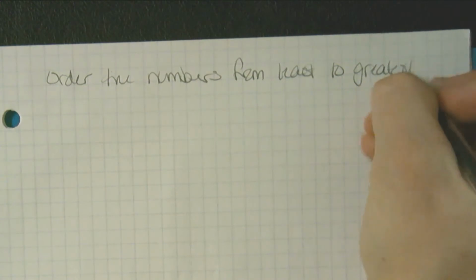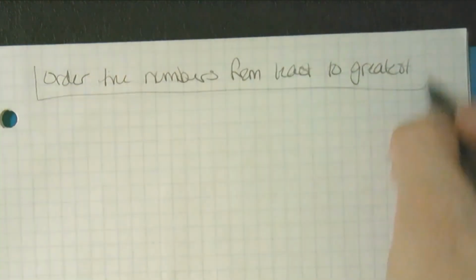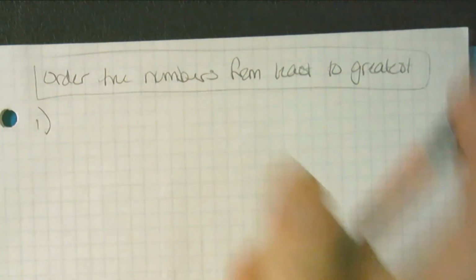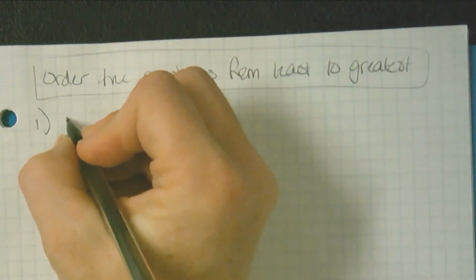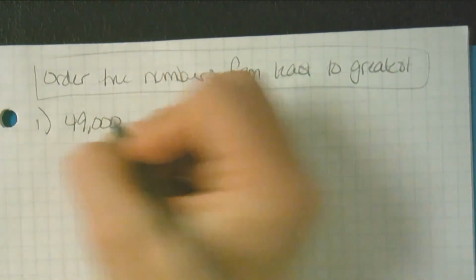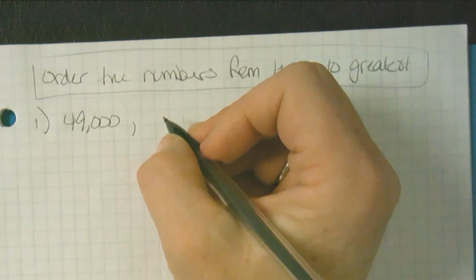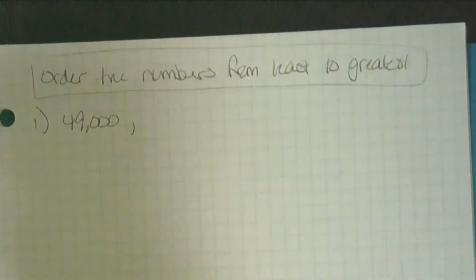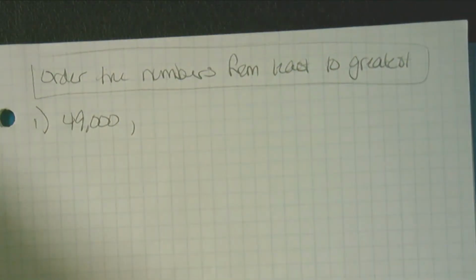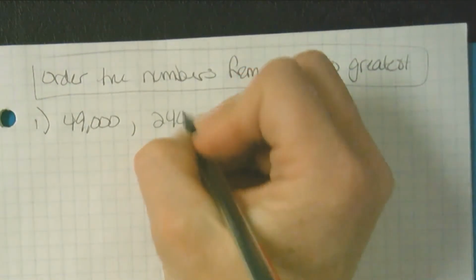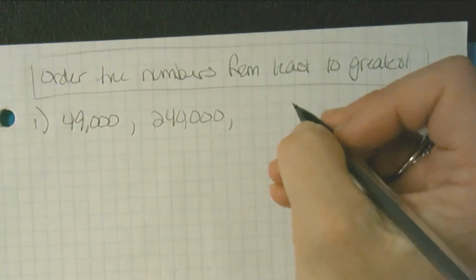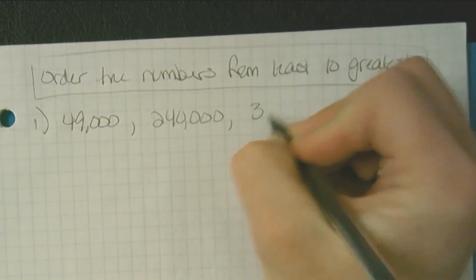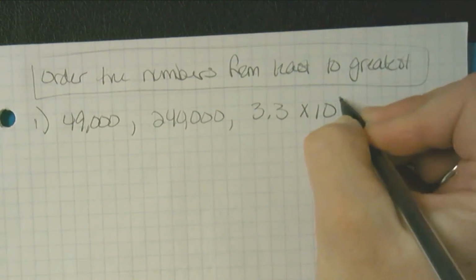Remember, you may not put them into standard form. 49,000, $240,000, and 3.3 times 10 to the 4th.